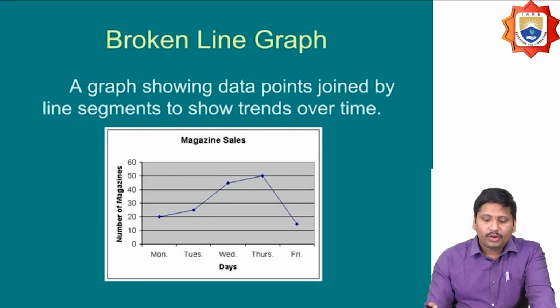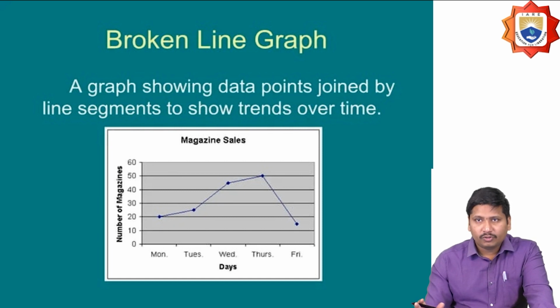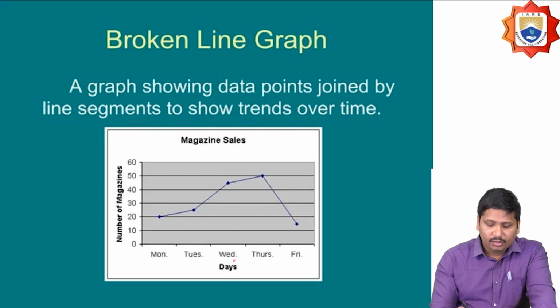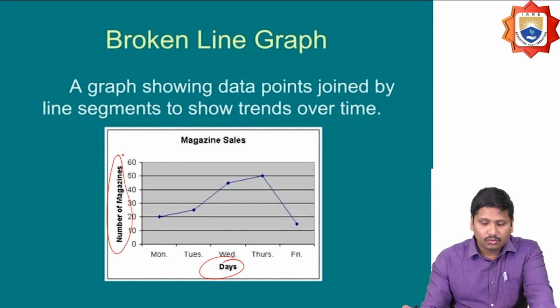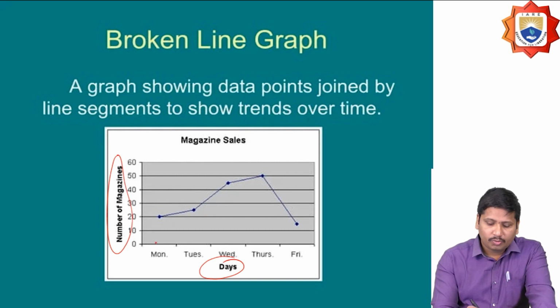How this broken line graph is obtained: by seeing this example, I'm taking the days on the x-axis and the number of magazines sold each day. So I'm going to take Monday, Tuesday, Wednesday, and so on. If 20 magazines were sold on Monday, mark a point here.